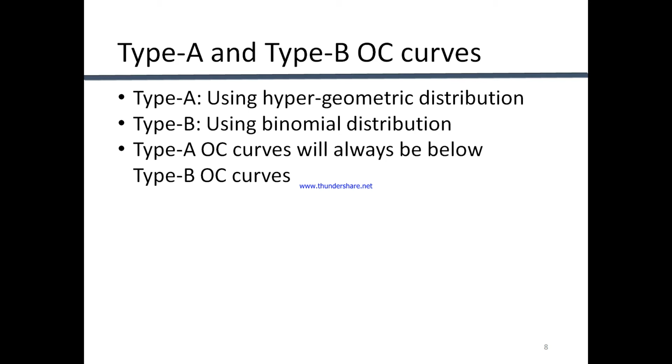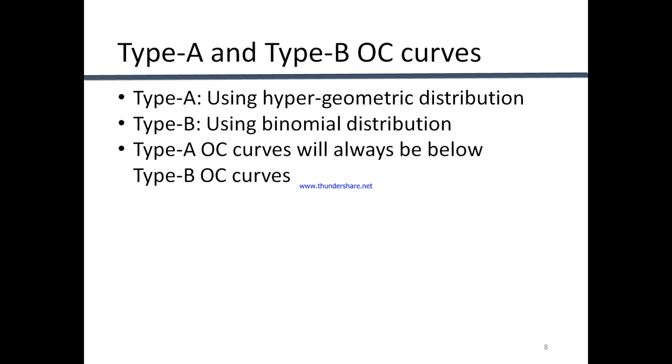Let's say you have 1000 units, with 100 defectives and 900 non-defectives, and you take a sample of 50. Your sample also consists of defectives and non-defectives.